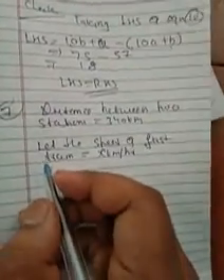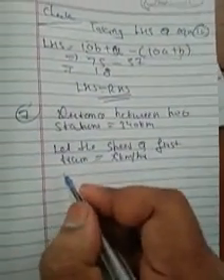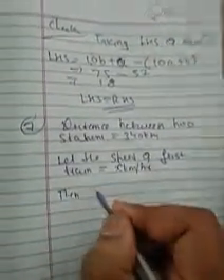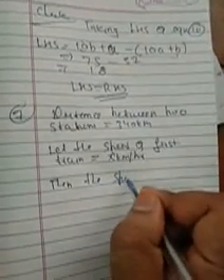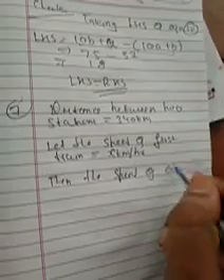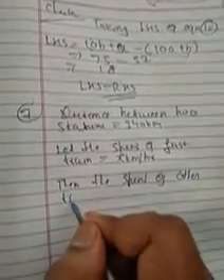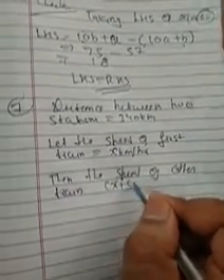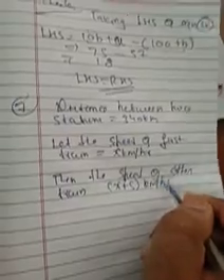Then the speed of the second train will be 5 more than the other, so the speed of the other train will become x plus 5 km per hour.